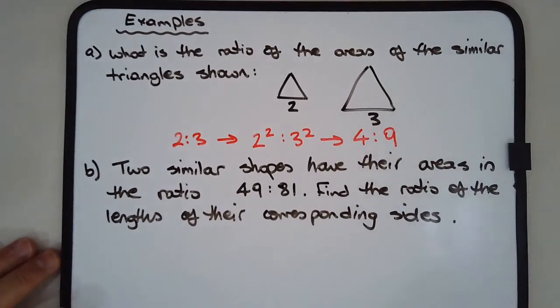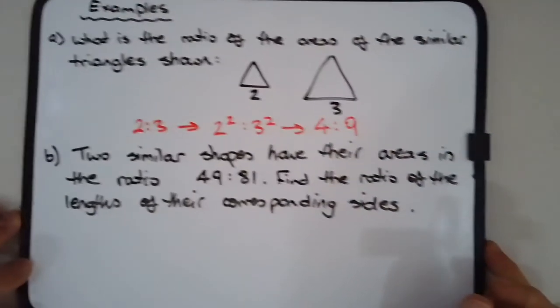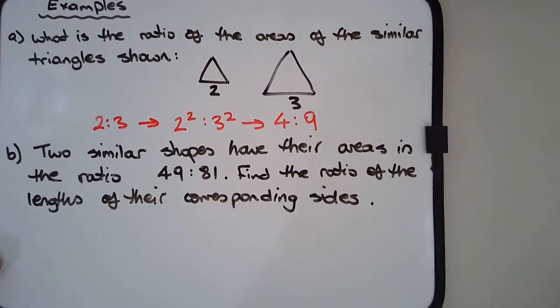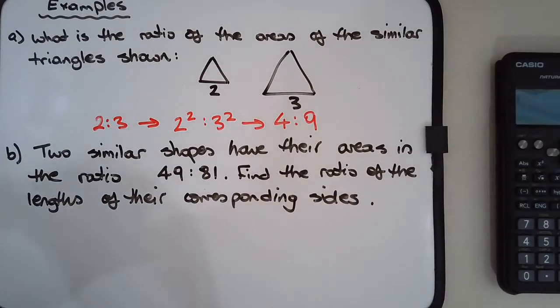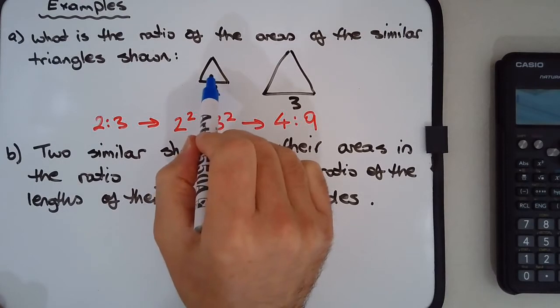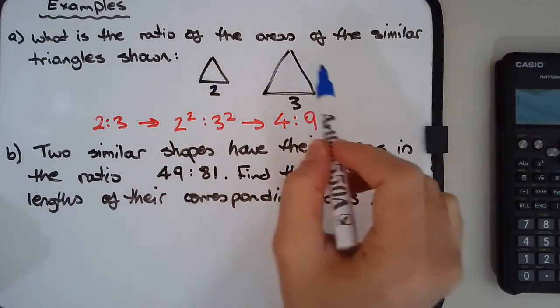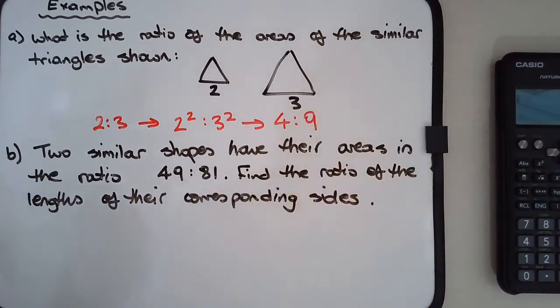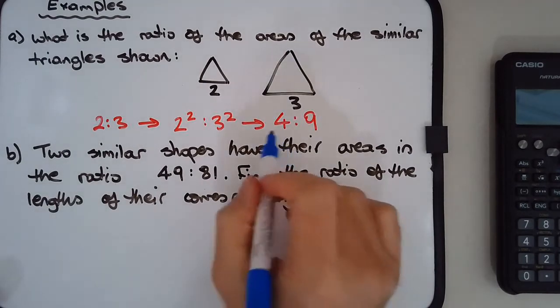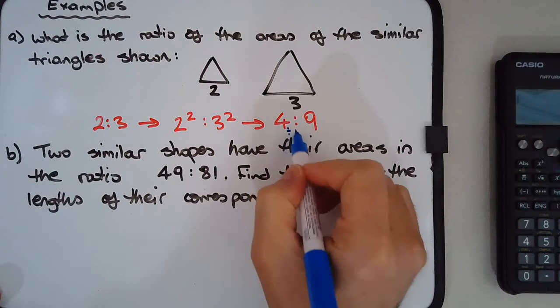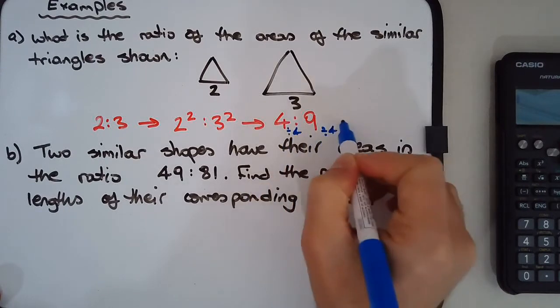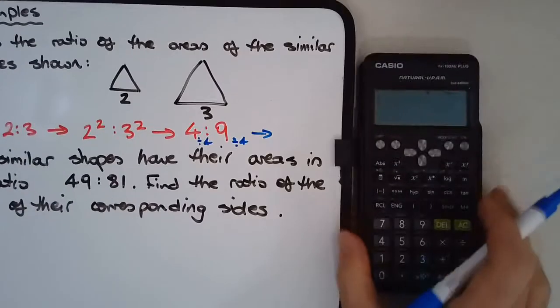Now, just one thing I'd like to add to this. If we look at it from the point of view of ratios, this means that for every 4 units of area in the small triangle corresponds to 9 units of area in the larger triangle. If I divide both of these terms of the ratio by 4, let's say, what does this mean?